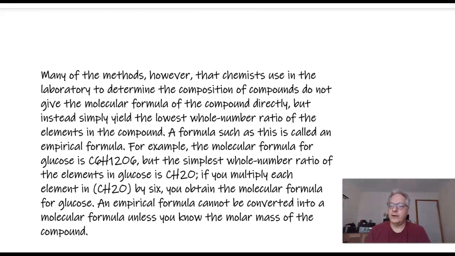So they would run it through some sort of apparatus that might combust this material and say there's so much carbon, so much hydrogen, so much oxygen and nitrogen in this compound, and they would give you the percent composition, or you would be able to somehow figure out the percent composition.